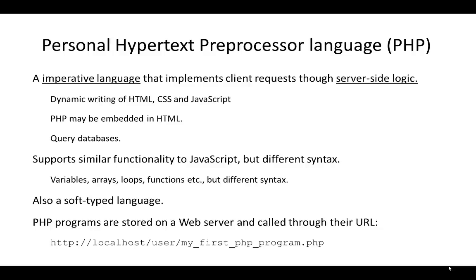And remember that these PHP programs are stored and accessed on a web server and called through their URL, just like you call a web page. So http://localhost/user, I've got a program called my first PHP program.php. I type that into my web browser, it sends the message to the web server, runs the program, and does whatever it does.